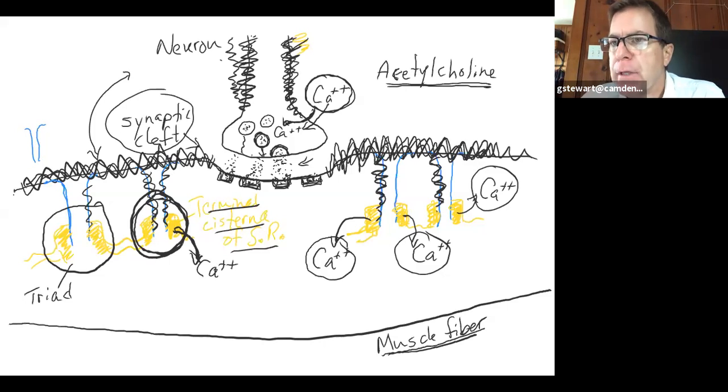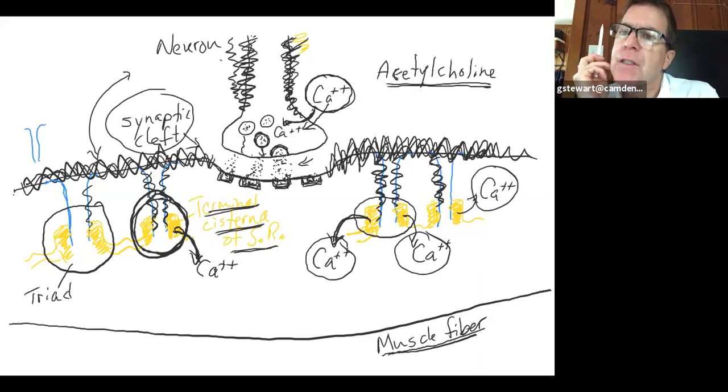That action potential is guided inward via a T-tubule. When it reaches the triad, the end of the T-tubule, calcium ions are released from storage from the terminal cisternae of the sarcoplasmic reticulum. Then calcium floods the interior of the cell.